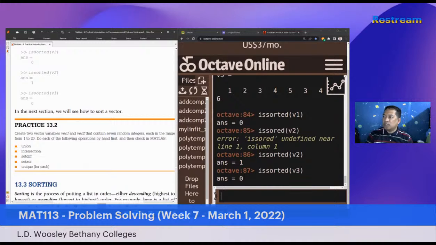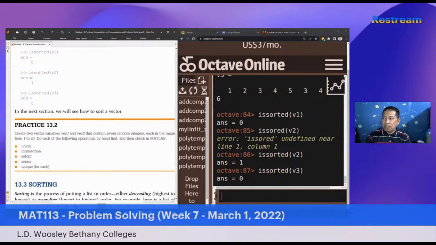Okay, there's a question here. Create two vector variables, vec1 and vec2, that contain 7 random integers, each in the range from 1 to 20. Do each of the following operations by hand first, then check it back in MATLAB. For this case, we'll do it in Octave. So it's from 1 to 20, the range here.